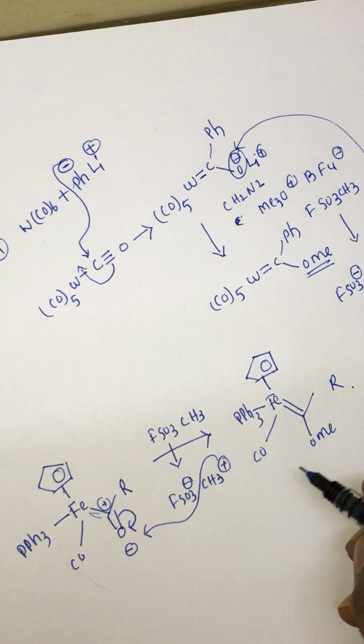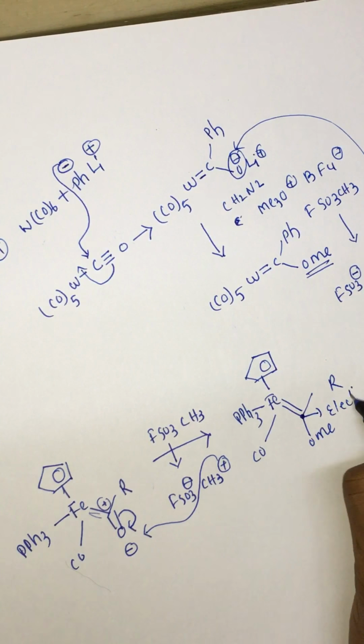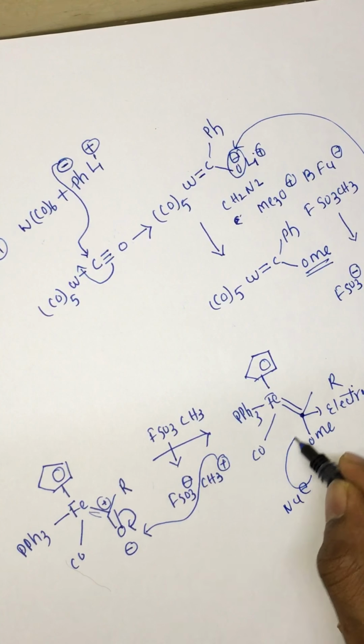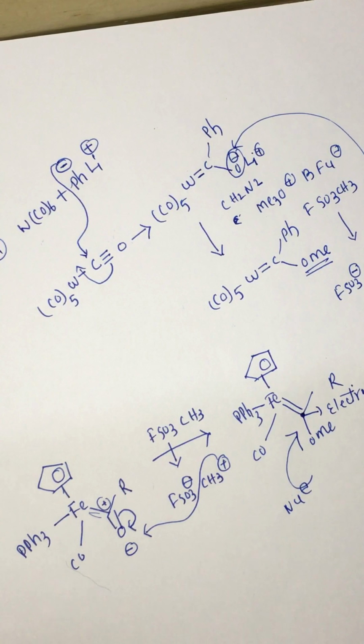As we know, the Fischer carbene is electrophilic in nature. That means nucleophilic substitution reactions will be favorable at this carbon center. So now we will see some of the nucleophilic reactions on this carbon center.